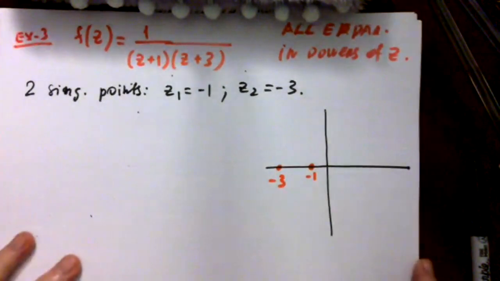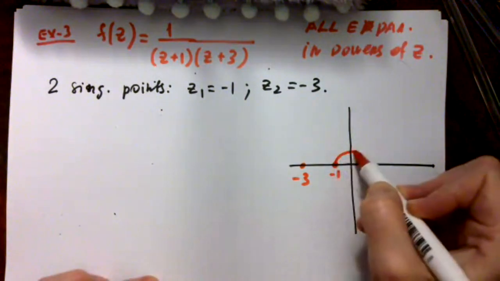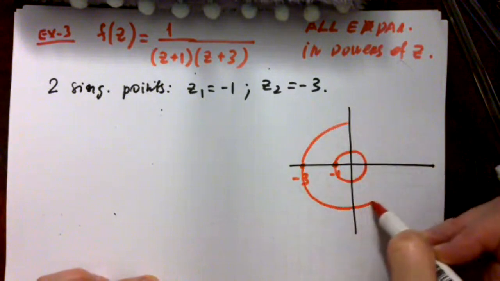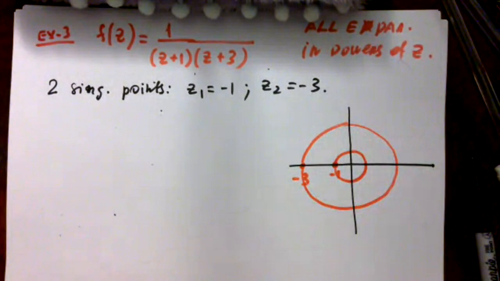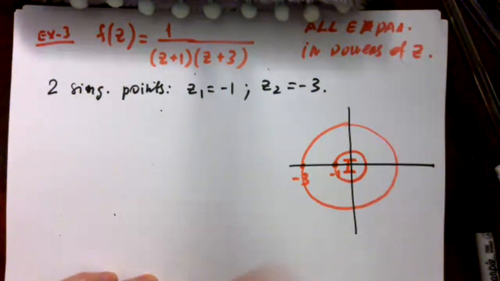And our algorithm says to plot the circles going through these singularity points. So as a result, we'll get two circles this time. Things are definitely getting more complicated. And what did these two circles do to our plane? They split it into three regions this time. The first region is inside the smaller circle.